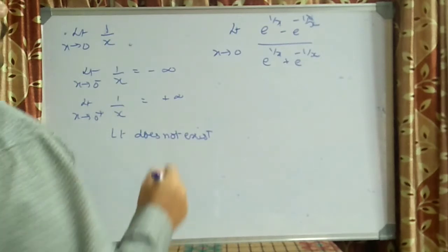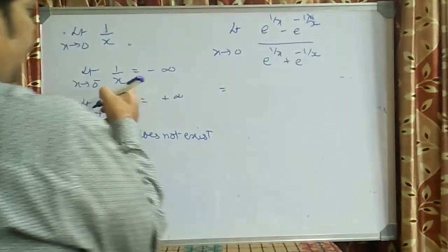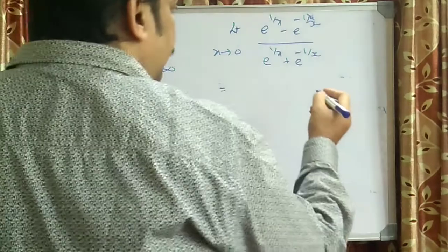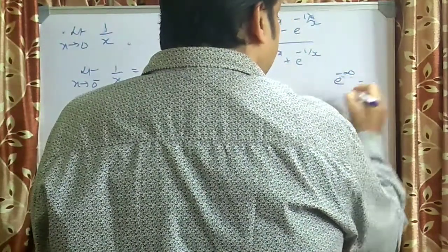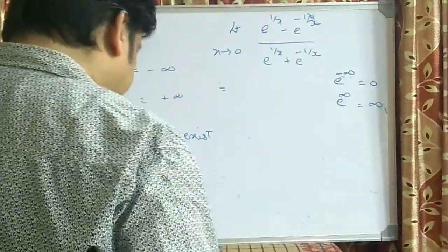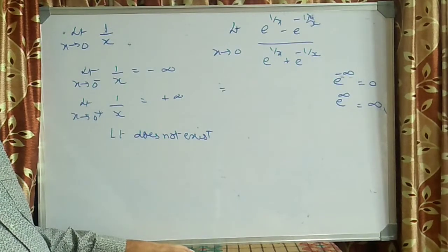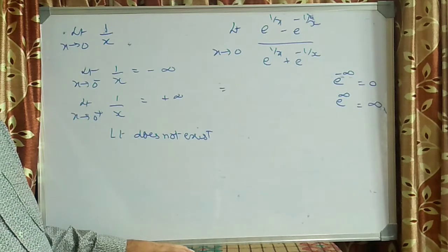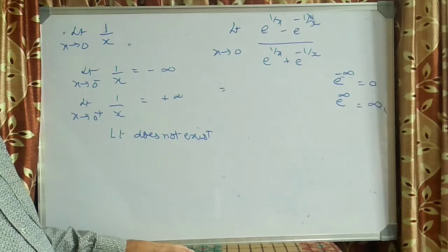But here, limit 1 by x as x tends to 0 minus is minus infinity, and I need to know two formulae: e to the power minus infinity is equal to 0 and e to the power plus infinity is equal to infinity. Remember my friends, whenever you are having two terms or three terms in the numerator or in the denominator becoming infinity, we need to take out common those terms which are becoming infinity.